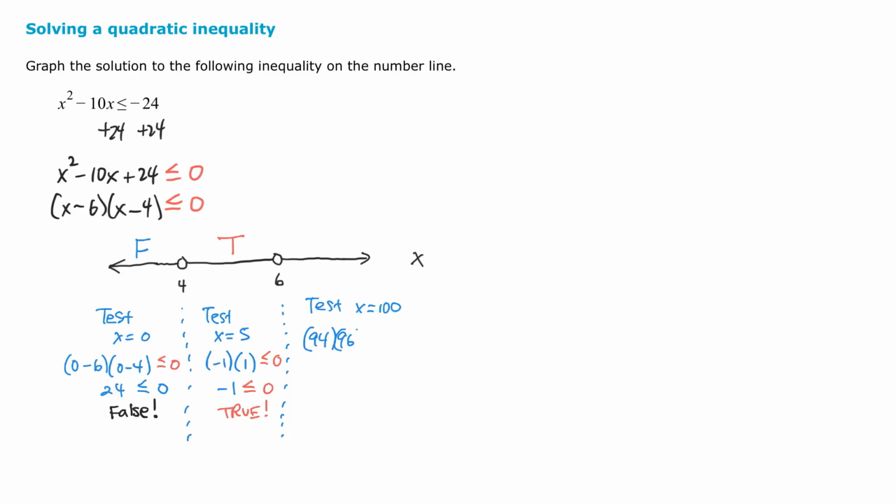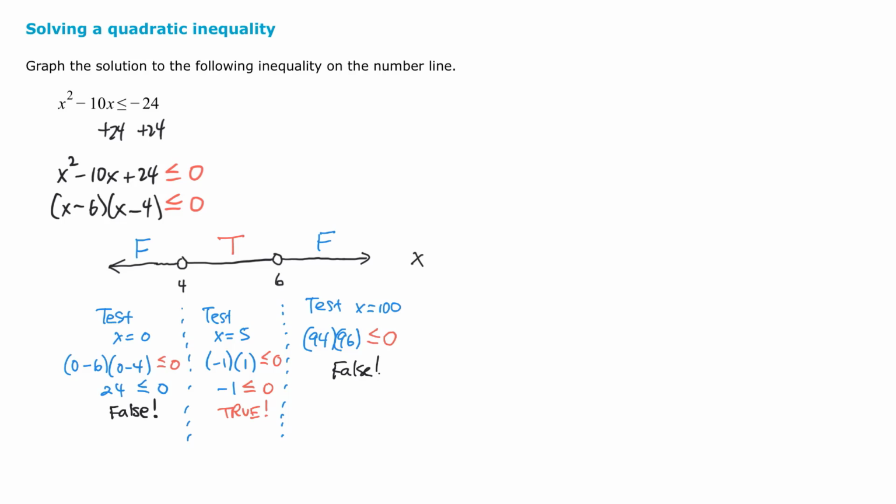Well, obviously, that's positive. And if you write this, is this positive number less than or equal to 0? It's a positive number greater than 0. Is it less than or equal to 0? That's, once again, bogus. That is false. And so if it's false, we don't shade that at all either.